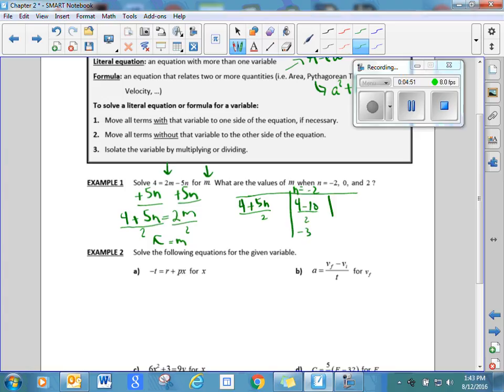That's when n is minus 2. When n is 0, plug it in. 4 plus 0 divided by 2 is 2.